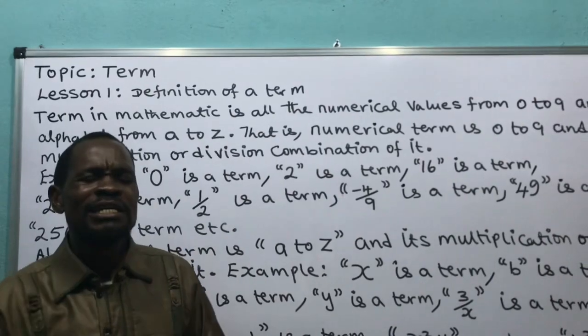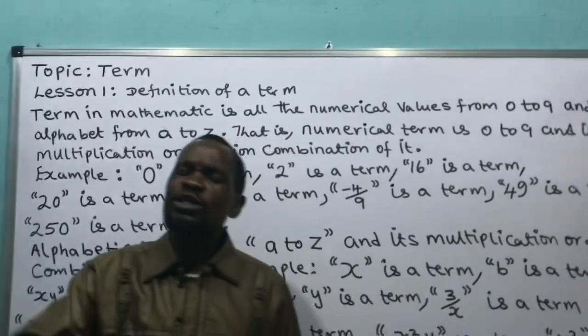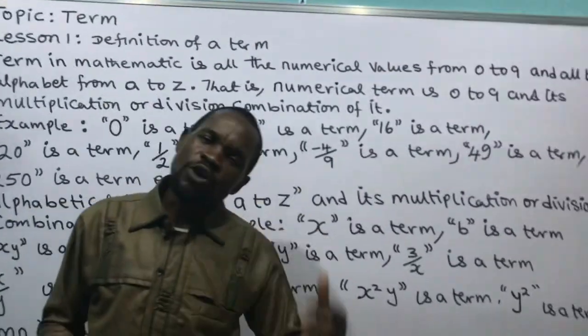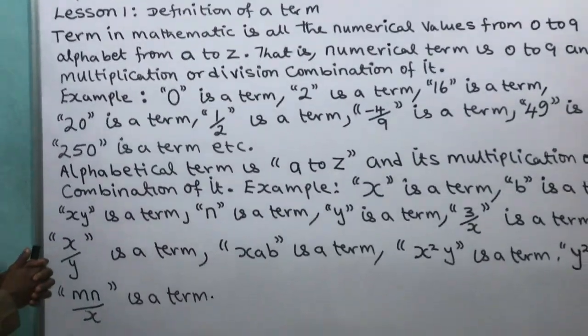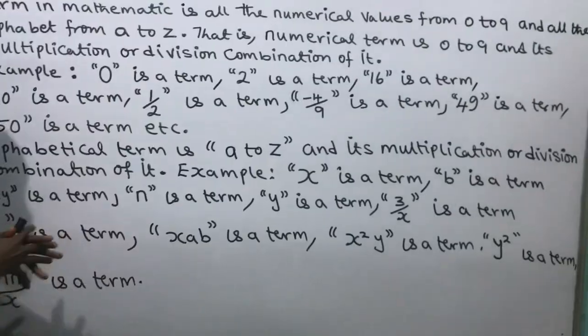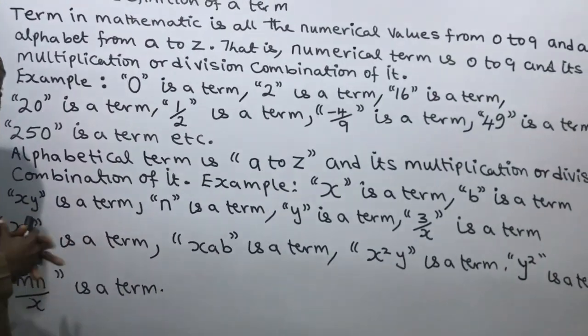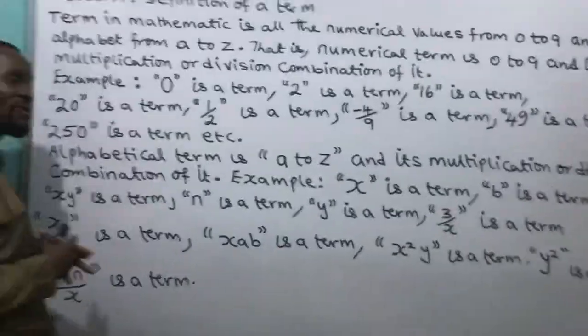So that's why we said A to Z is a term and 0 to 9 is a term. But let us look at examples of term in terms of alphabets.